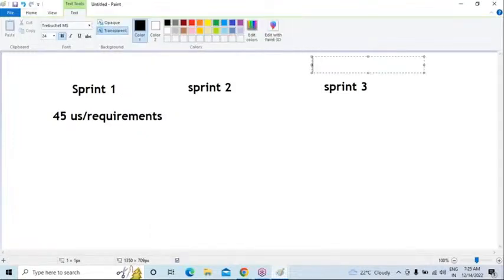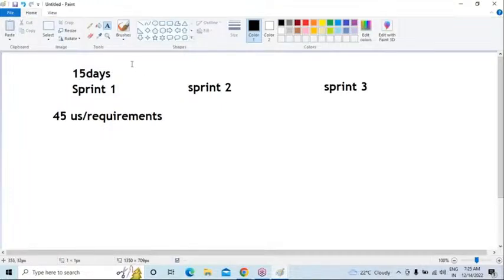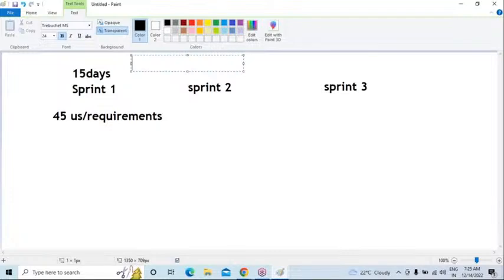The entire project is divided into some sprints. The sprint duration will be like 15 days. Within these 15 days, they aggregate 25 requirements, 35 requirements, or 45 requirements based on the team capacity or the team size.